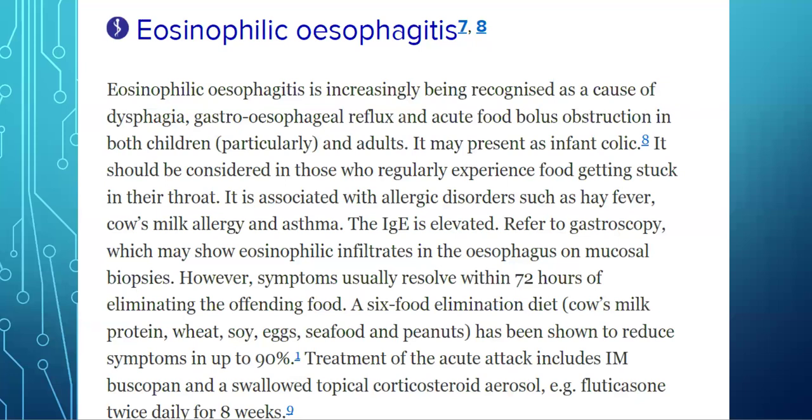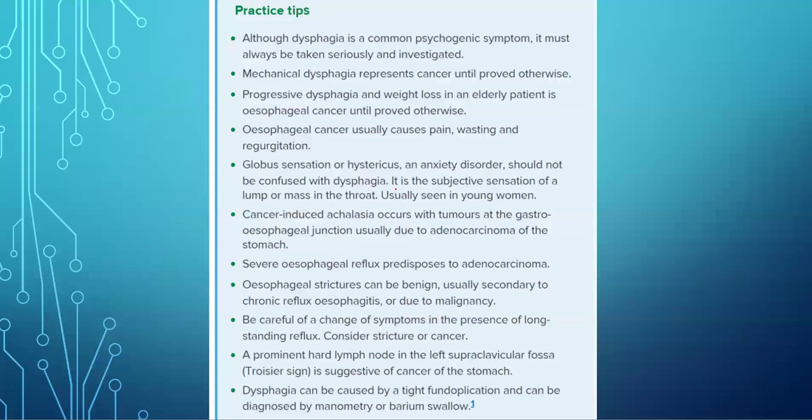So if the question confirms that this is eosinophilic esophagitis, then treatment is a steroid. If it doesn't confirm, then it is PPI. Simple. And you can also read some of these practice points, nothing much.